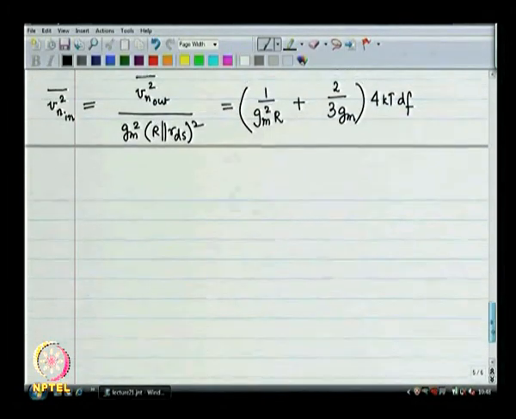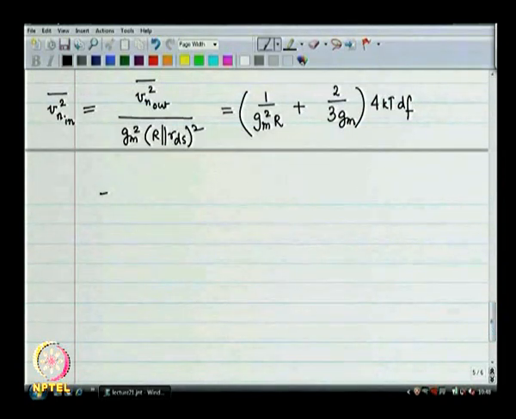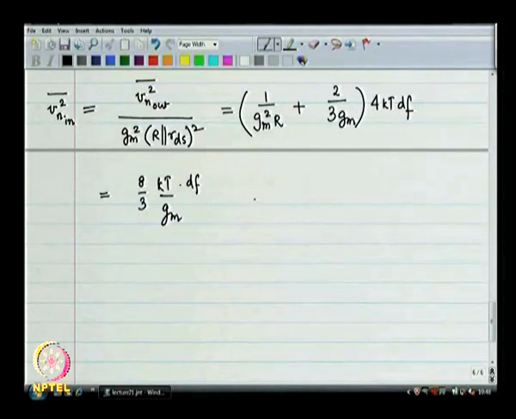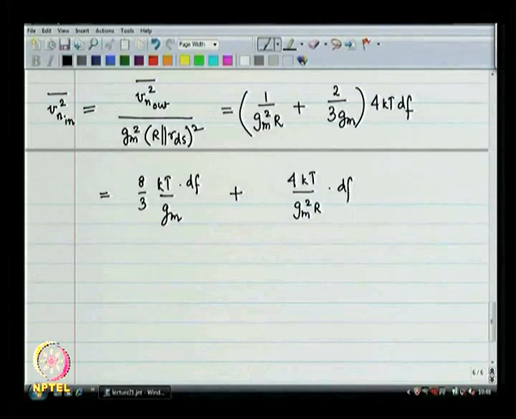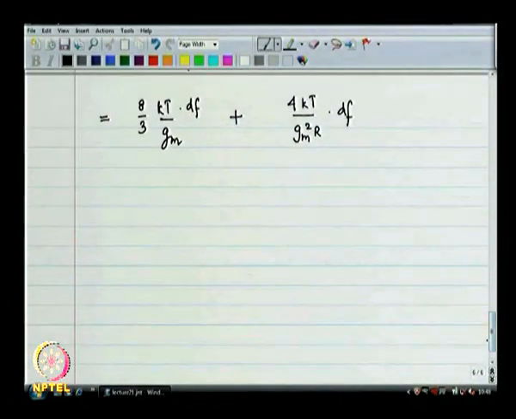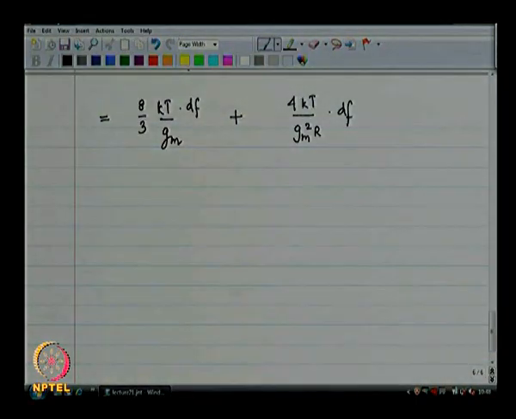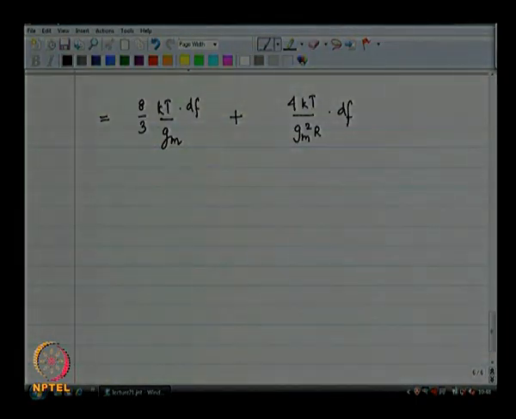Okay. In other words, I am going to rewrite it in this fashion. Now, one of these is coming because of the channel, the other is coming because of the resistor.